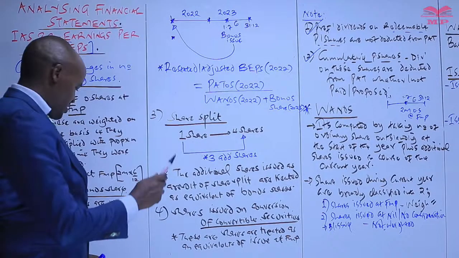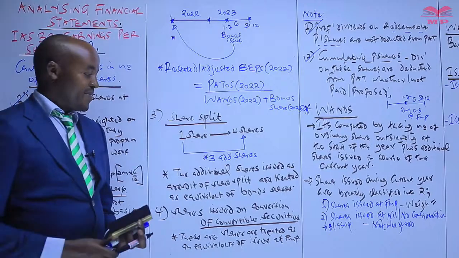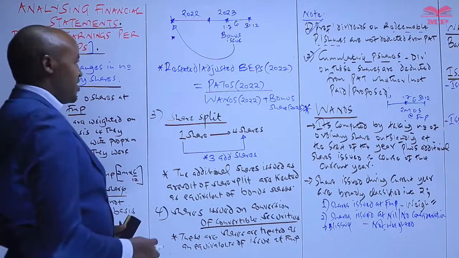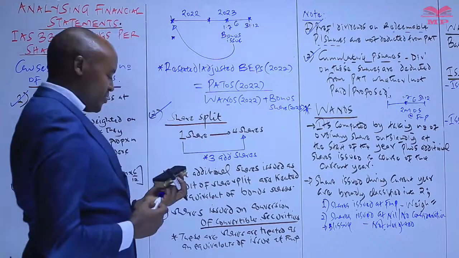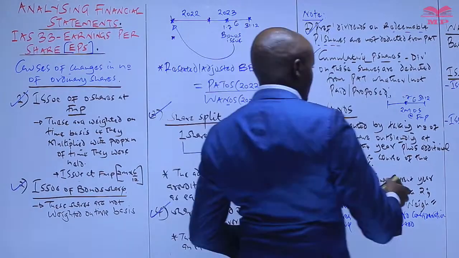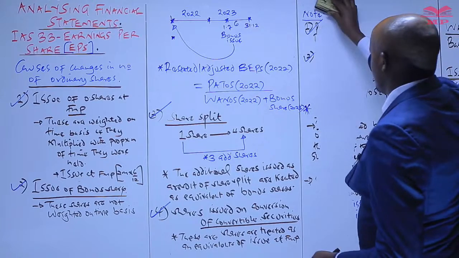Meaning that for the shares which are issued on conversion of convertible securities, for the purpose of computing the weighted average number of ordinary shares, we multiply them with the proportion of time those particular shares were held during the current year.